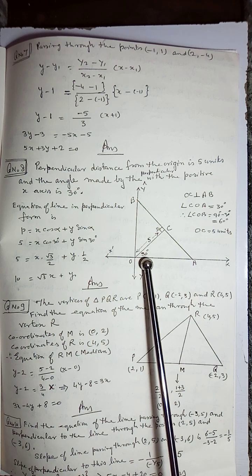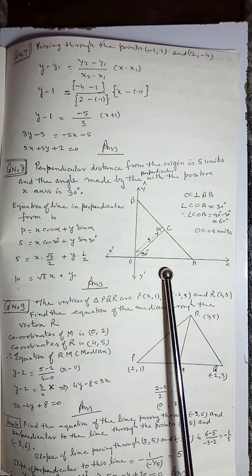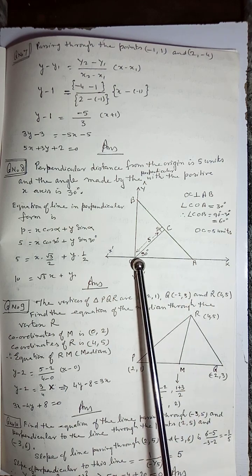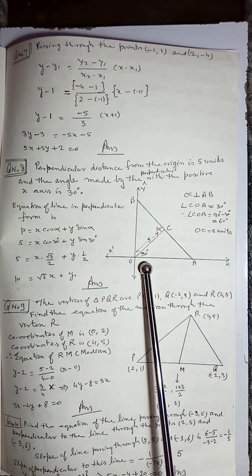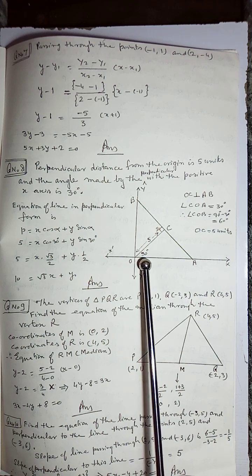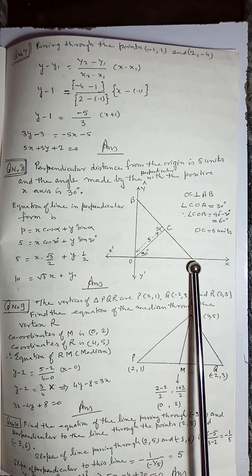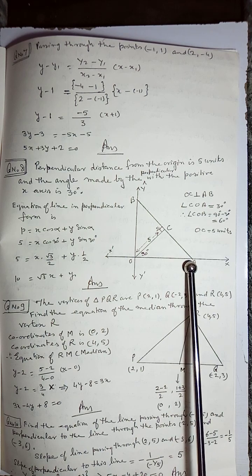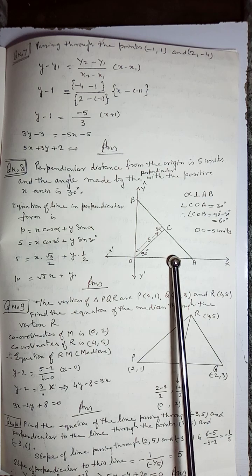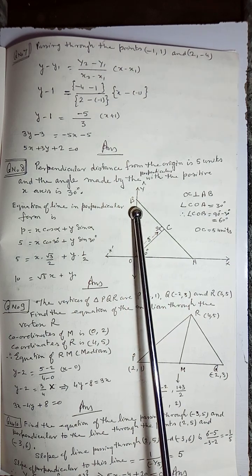OC makes an angle of 30 degrees with the x-axis, meaning AOC is 30 degrees, it is given. So you can easily find out, if it is 30 degrees, then CAO will be 60 degrees.